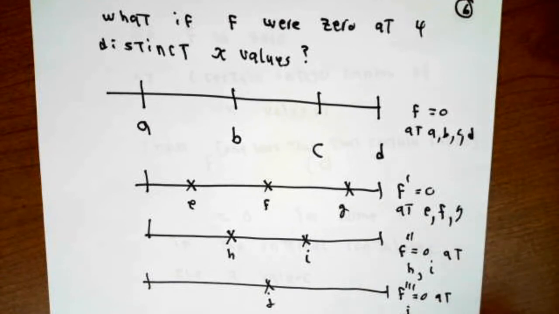Apply Rolle's theorem to f prime, though, and that tells me there must be a number h between e and f, and a number i between f and g, where the second derivative will be 0. Since the second derivative is 0 at two places, there must be a place between h and i so that the derivative of the second derivative is 0. So there must be a place where the third derivative is 0.